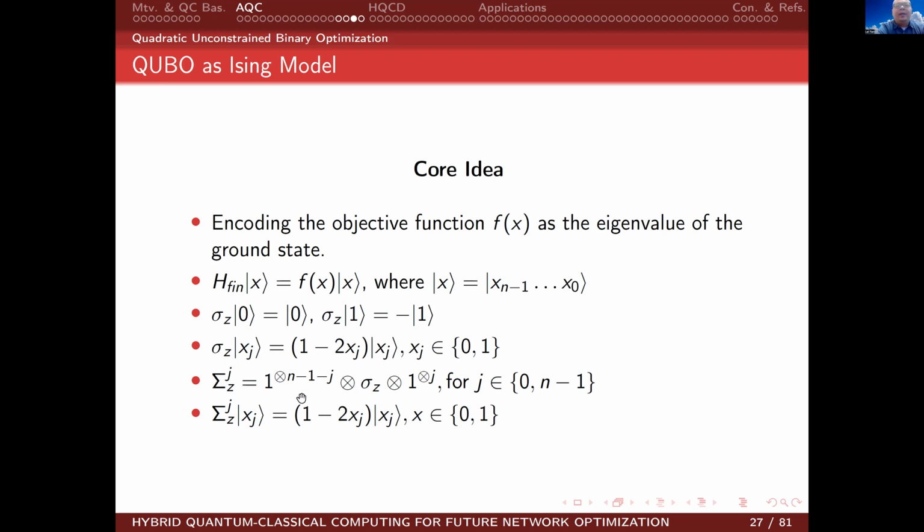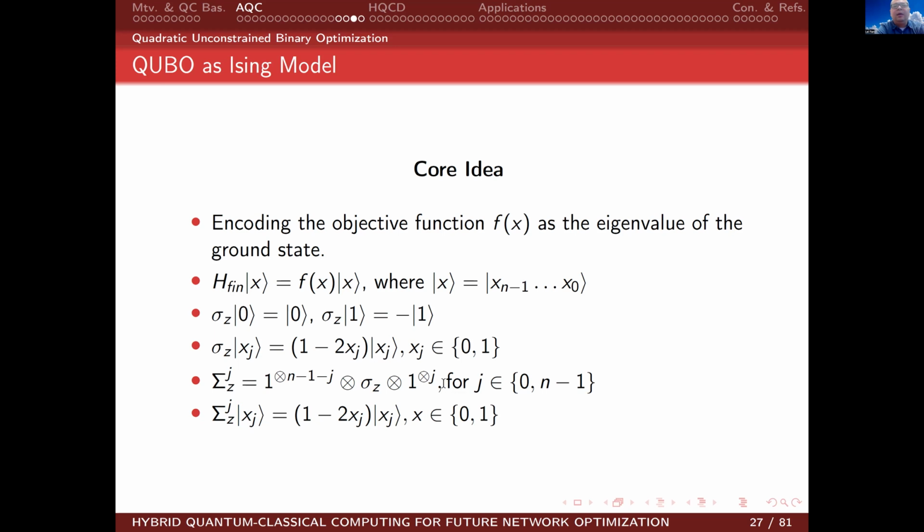So we define sigma z j to represent applying this Pauli operator Z to the jth qubit, while all the other qubits in the system do not change.